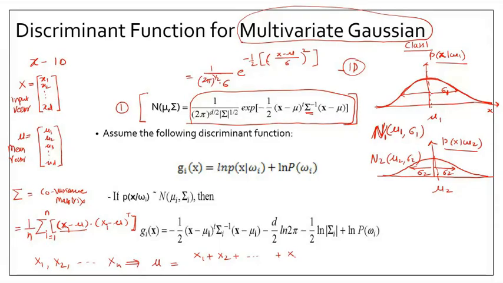So this is for a given class. Suppose I am collecting all the samples belonging to omega 1, then I am adding all the samples which belong to omega 1, and then dividing by, say, n. Okay, so this is the average of all the samples. So this will be a mean vector.